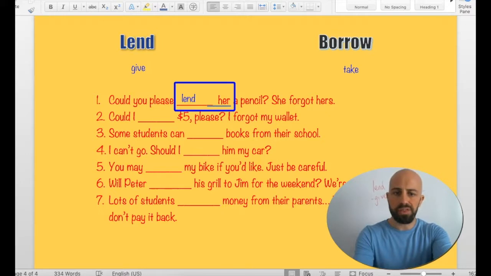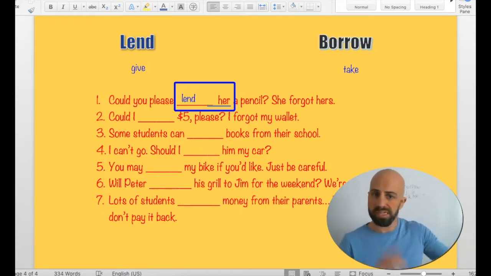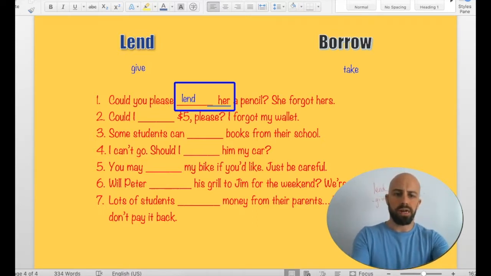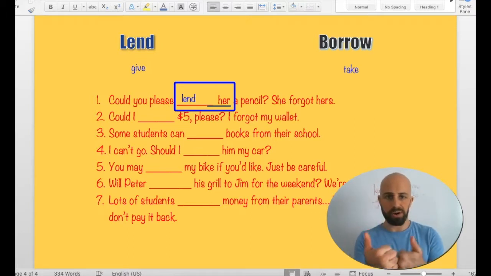So if you have things like me, him, her, us, then it would be lend because you're giving it to somebody. Same as give. So normally 90% of the time, if you have a personal pronoun after the lend or borrow, it's lend.